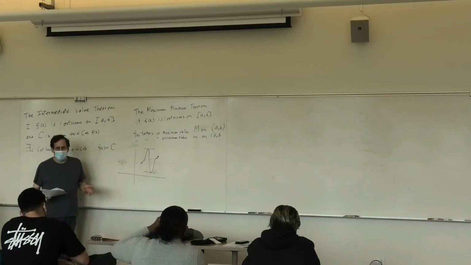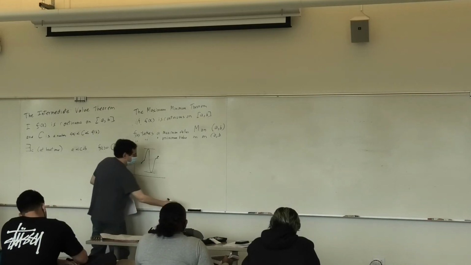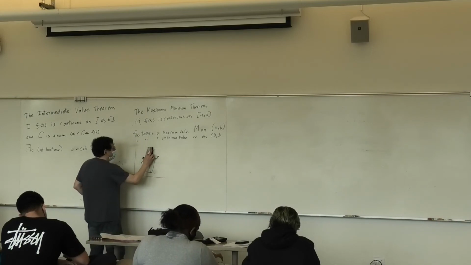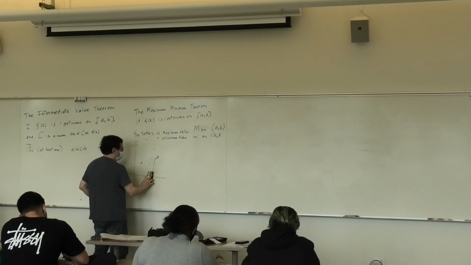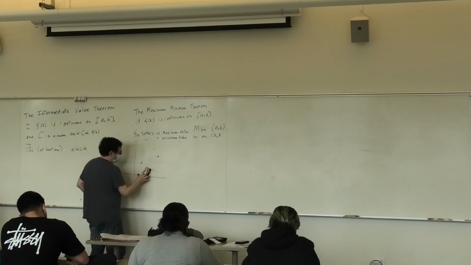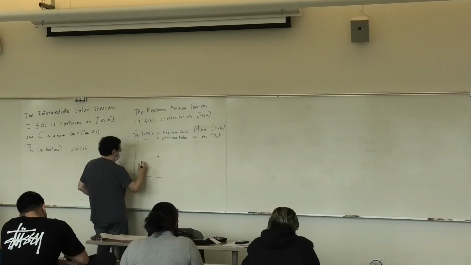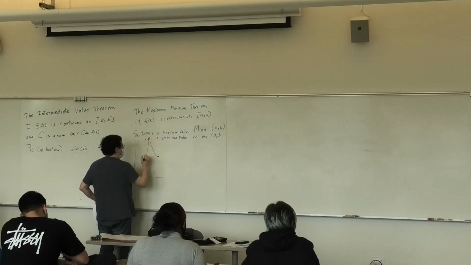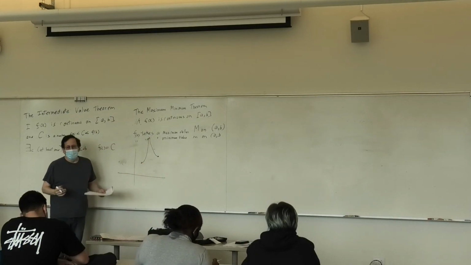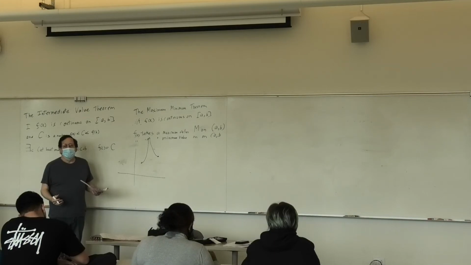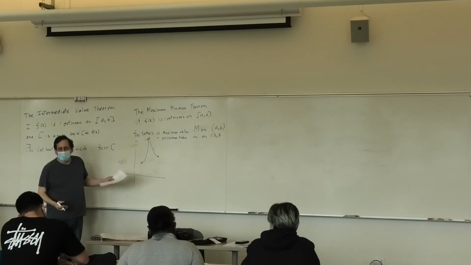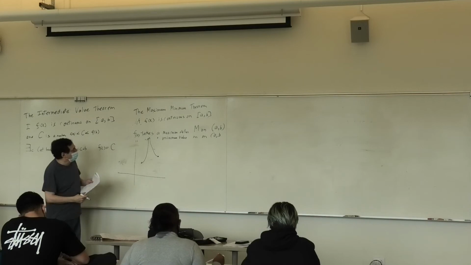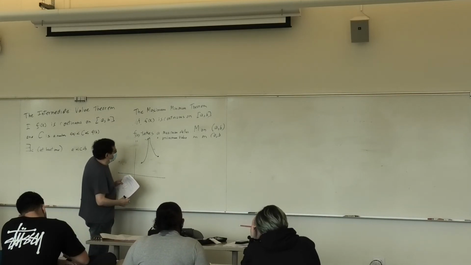Does it have to be continuous? Well, it might have a maximum and minimum if it's not continuous, but what happens if it kind of goes like this? It has a discontinuity. Well, then it doesn't have a maximum. But it's not continuous, so that's part of this.